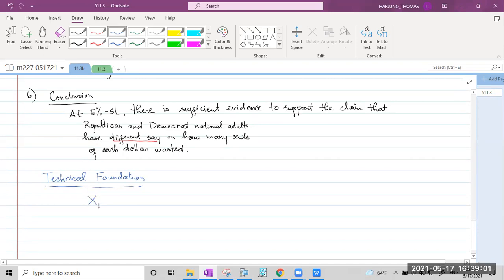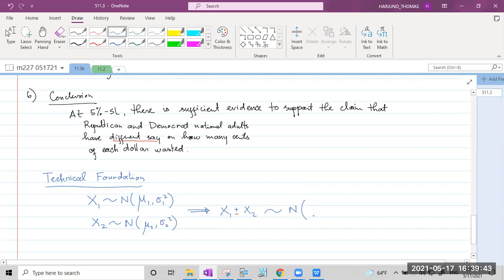Suppose we have a population X1 that is normally distributed with mean mu1 and variance sigma 1 squared, and we have population X2 with mean mu2 and variance sigma 2 squared. Now, what happens if we add or subtract these two populations? How will the sum or the difference be distributed?